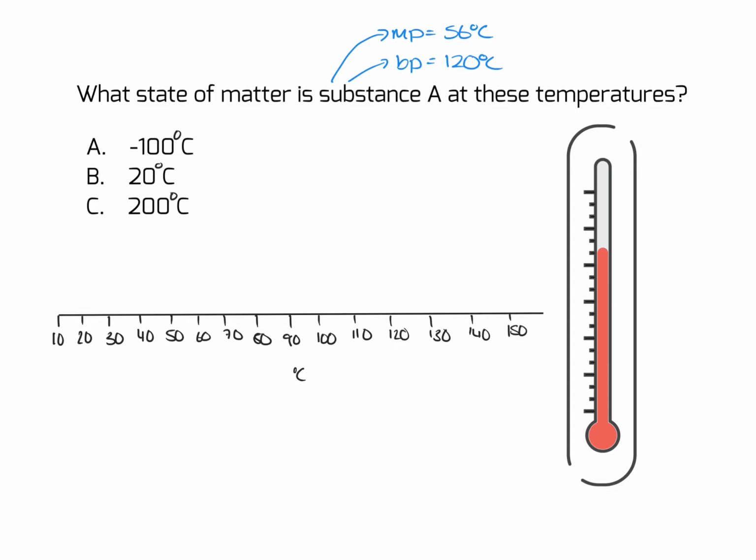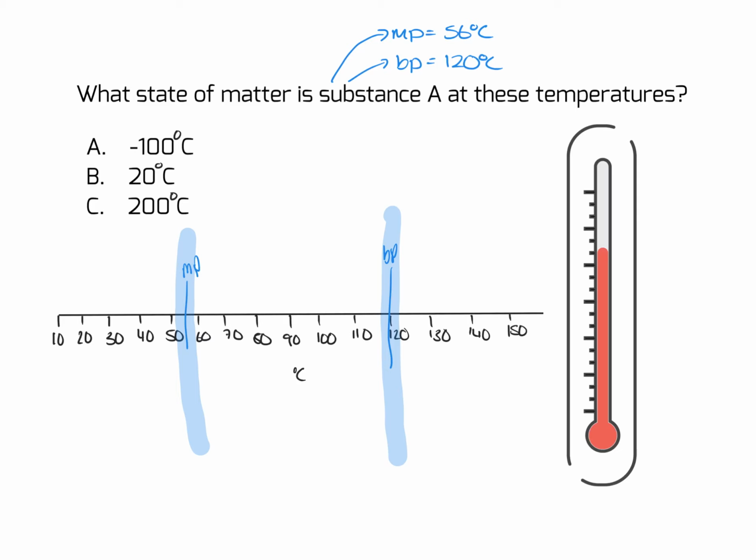So I'm going to go for tens this time, and I'm going to mark on the melting point and the boiling point. So the melting point is 56, so it's going to be roughly here. And the boiling point is 120, which is here. Let's section off our number line so that we can see our three distinct sections, and let's highlight where our solids, liquids and gases are.